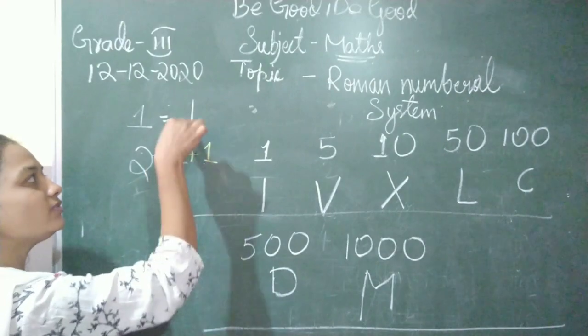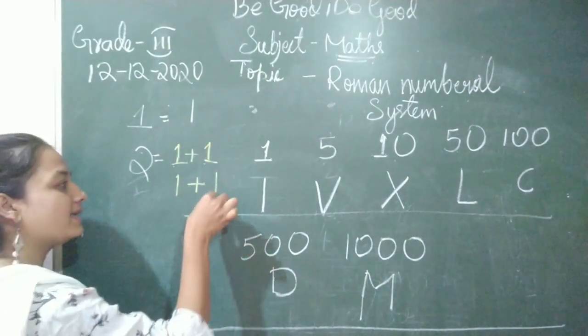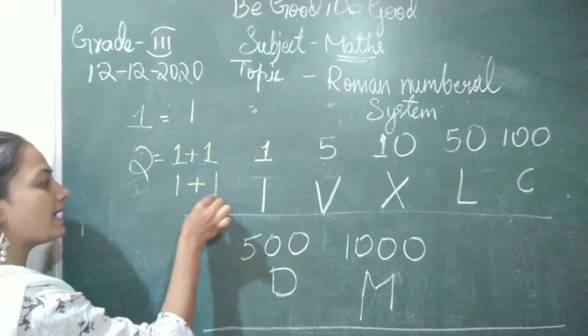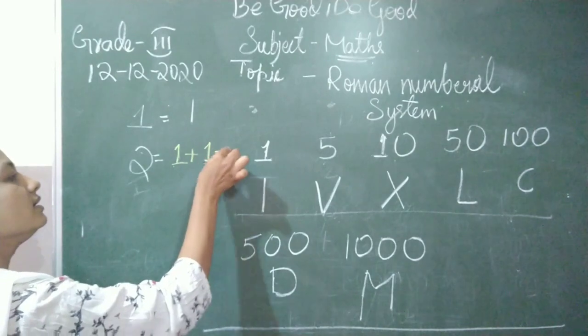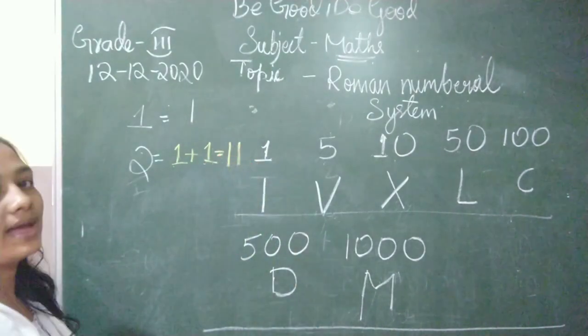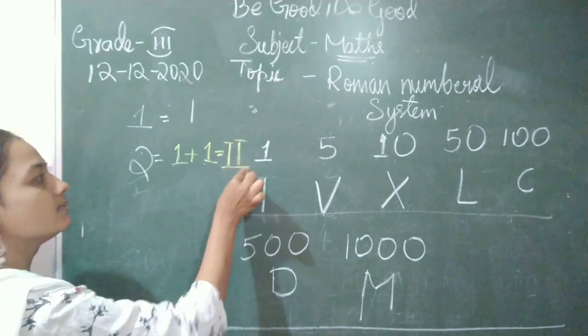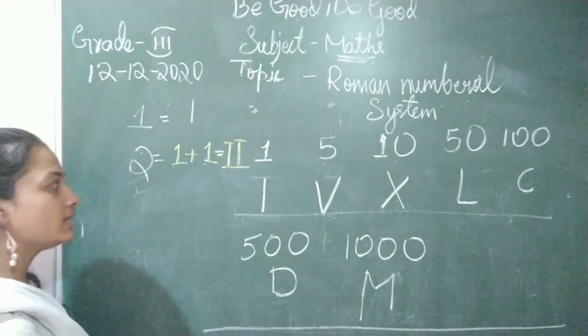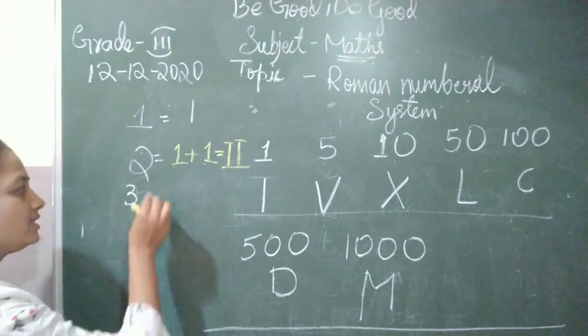So the symbol for 1 is I, that is I plus I. So I will write it as two I's, like this. I draw 2 straight lines. Okay, this is 2. Now let's go for 3. How will I write 3?